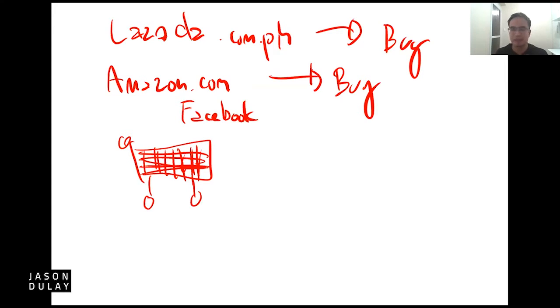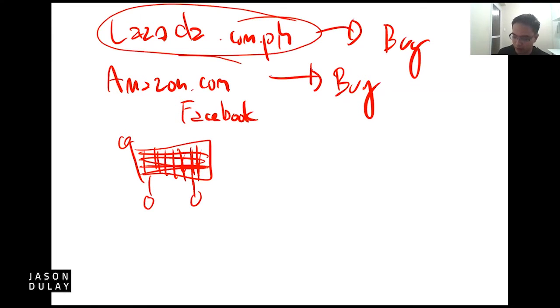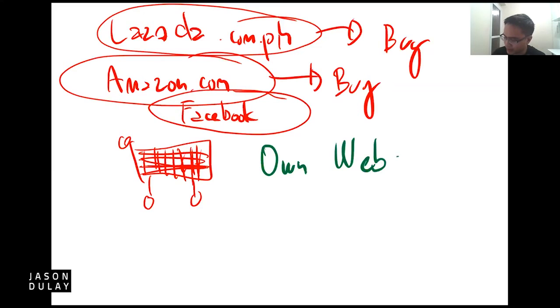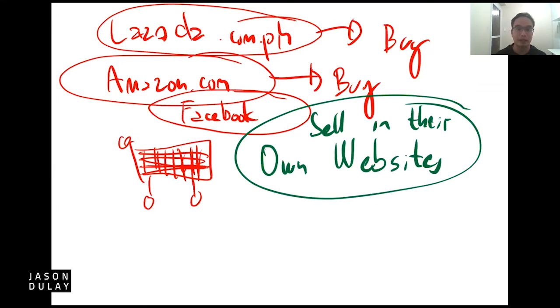So an e-commerce VA helps the businesses that post their products on Lazada, on Amazon, on Facebook, and especially those that have their own websites. Those companies that sell on their own websites are the most popular, the most booming kind of e-commerce business.